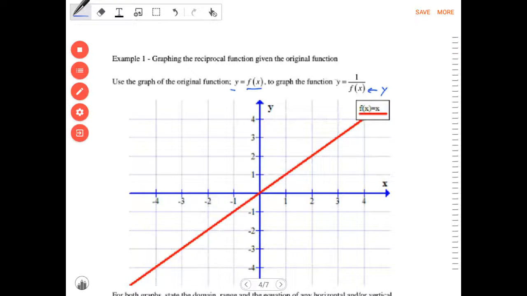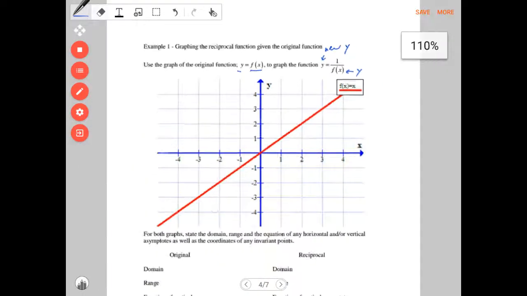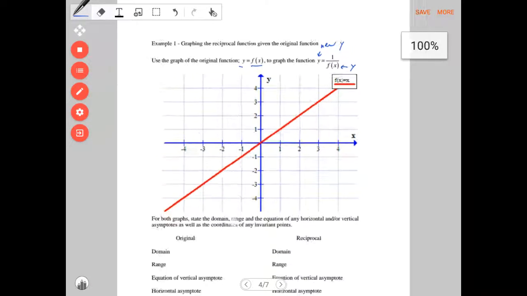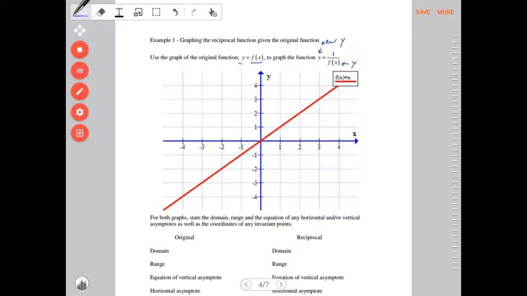So really the new y value is 1 divided by, well, f of x is just y, so this is the old y value.